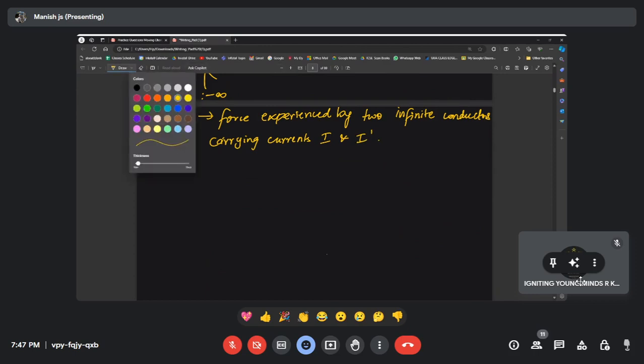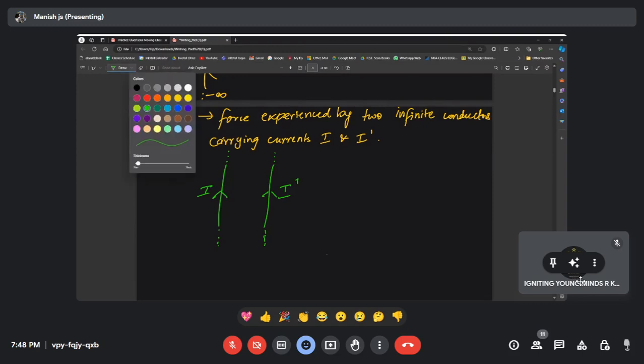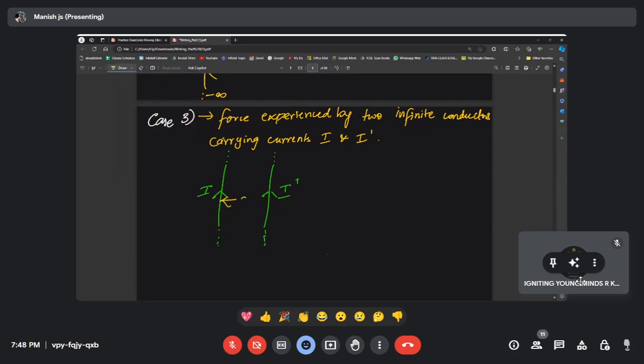That's it. So we are taking two conductors this time. Both are of infinite length, so they are extending above and below, to positive and negative infinity. The currents they carry are I and I dash. The first one is I, the second one is I dash. The distance between them is small a. We are taking it like this. Now this is the case.